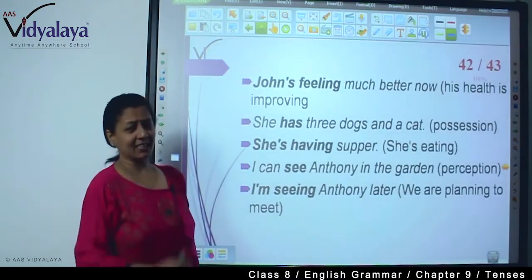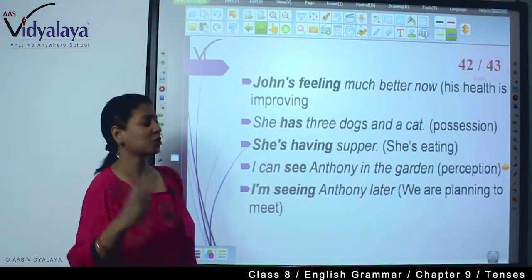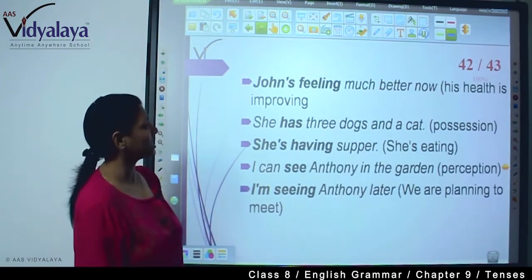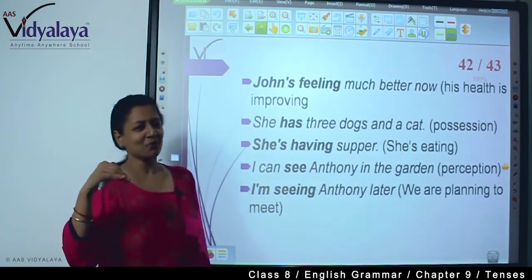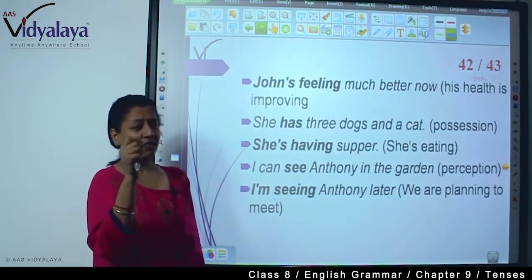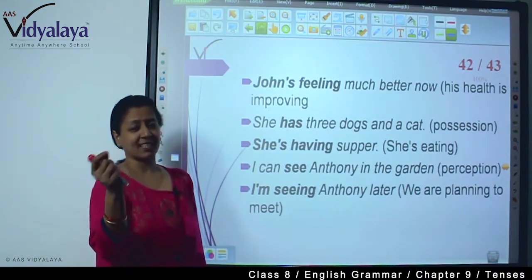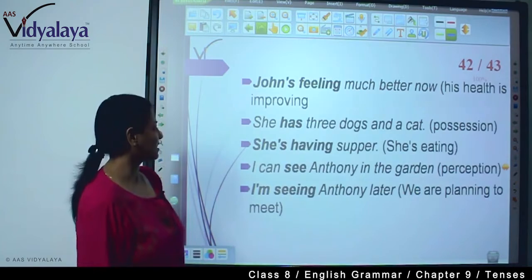Now, if we write feels as present continuous, its meaning will be changed. John's feeling much better now, that means his health is improving. Understood? So you cannot write ing with sense and perception, otherwise the sense will be changed.